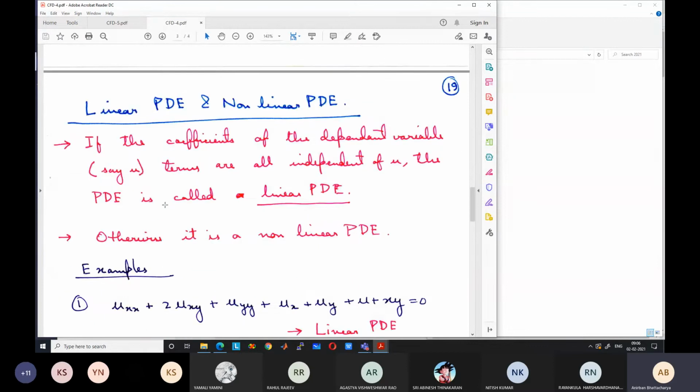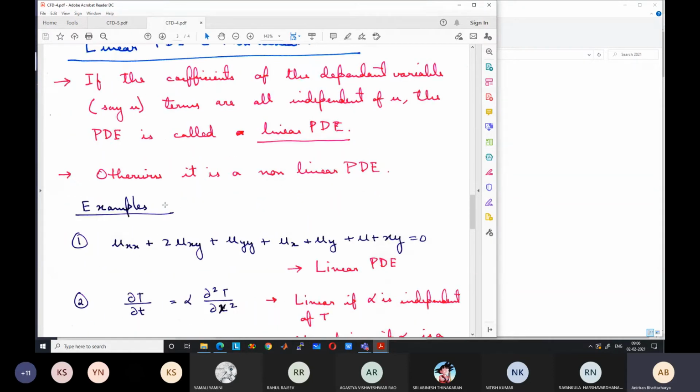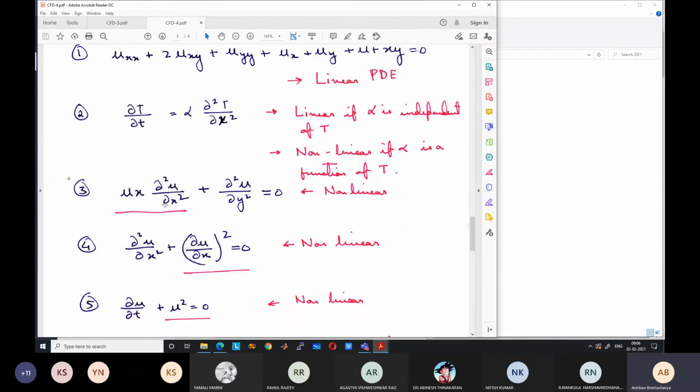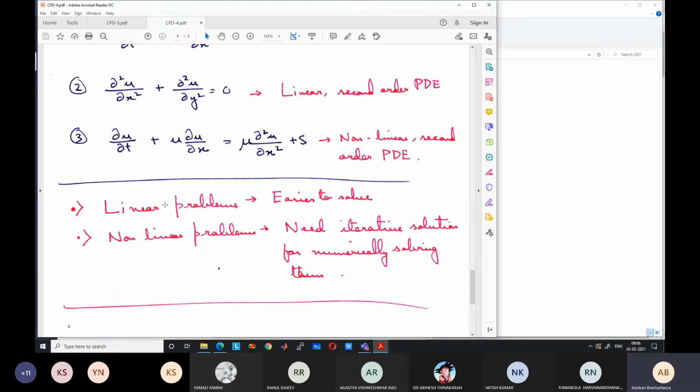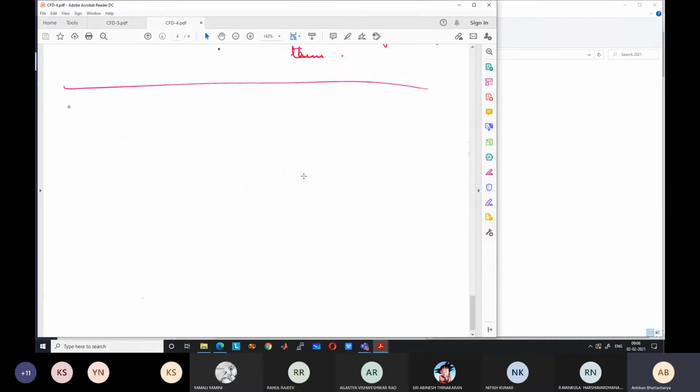After this, we have seen what a linear PDE is and what a non-linear PDE is. The main significance was that linear PDEs are easier to solve because you don't need iterative solution techniques. Non-linear PDEs are more time consuming to solve because you need iterative solution techniques to overcome the non-linearity.